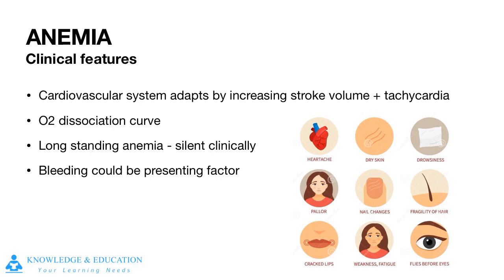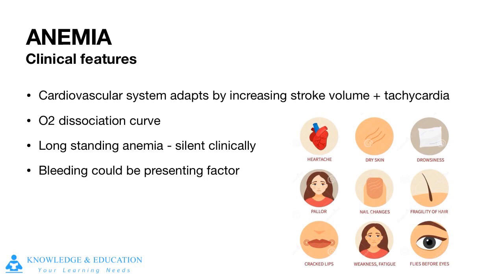They feel their heart beating with any exercise. Another change we see with the adaptability of the system is in the dissociation curve, with hypoxia or loss of hemoglobin. There is some agility of the hemoglobin and the red cells to release the oxygen from the hemoglobin.